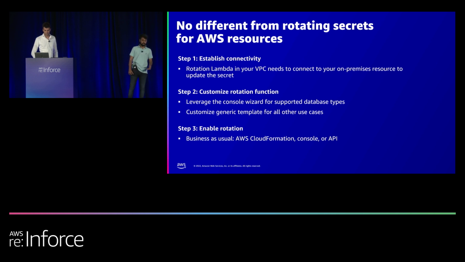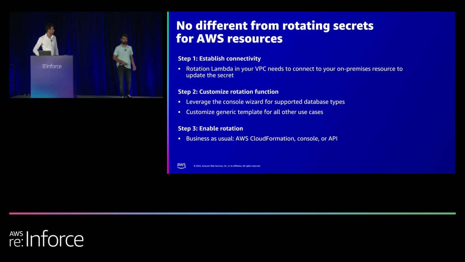The second is to customize your rotation function. Secrets Manager vends rotation templates, and these are for all the common relational databases that AWS runs. If you're running any of those flavors in your on-premises network, then you need to slightly tweak the way the secret is created, but the templates are basically ready.